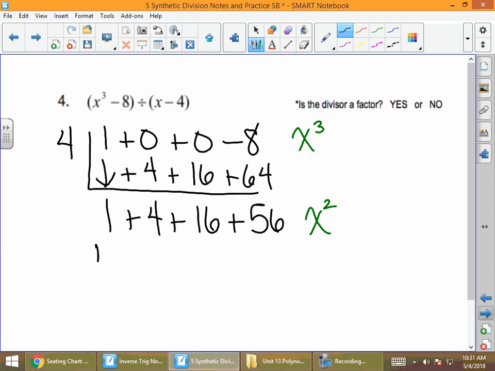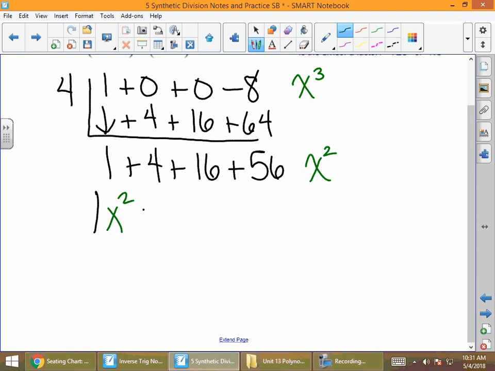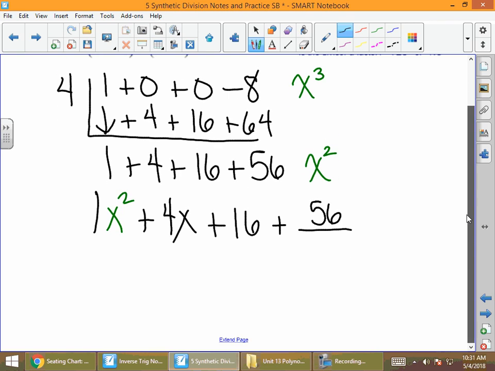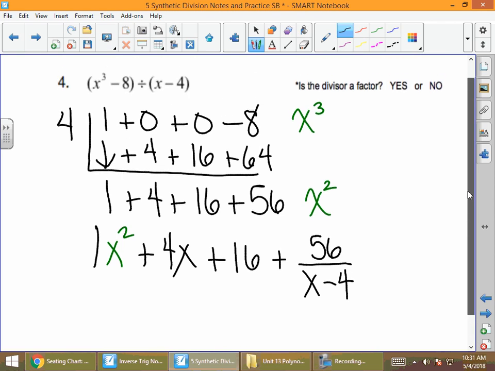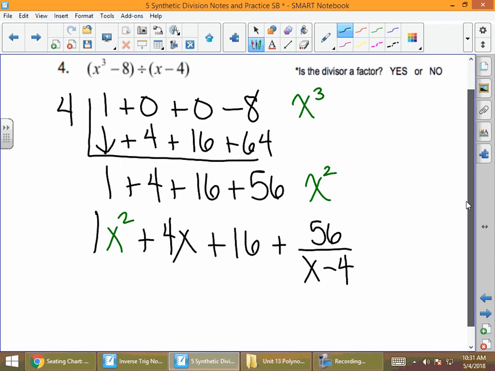This is going to be 1x squared plus 4x, descending, plus 16, plus 56 divided by x minus 4. Is x minus 4 a factor of our polynomial? No. We have a remainder. It is not a factor.